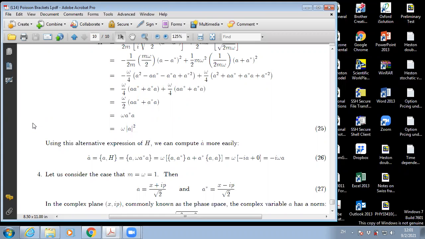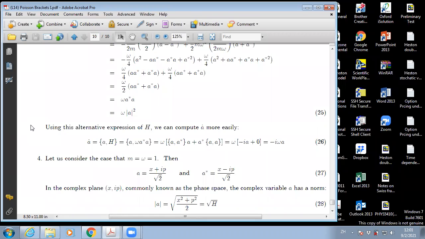Now let us consider the special case M equal to 1, omega equal to 1.